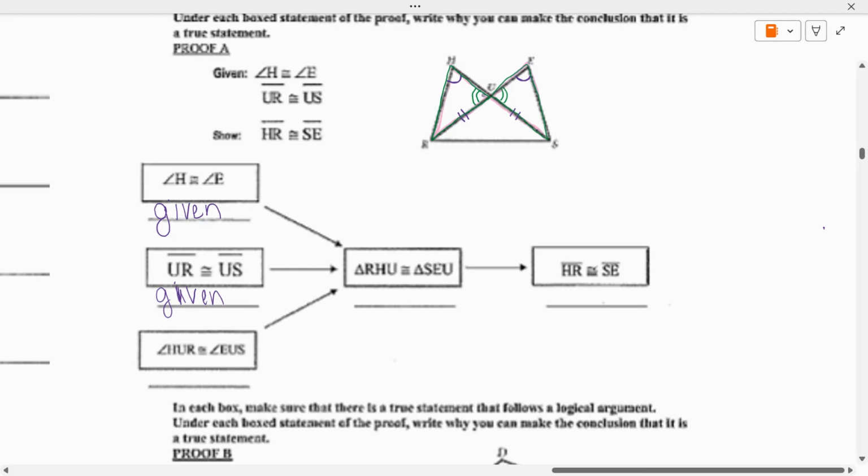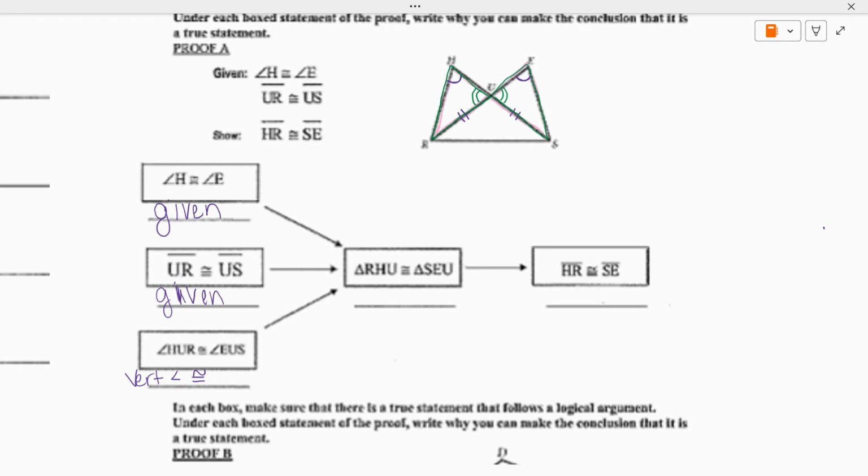Angle HUR is congruent to angle EUS. Well, imagine that, we already marked that. Why did we say that? What kind of angles are those? Vertical angles. So vertical angles are congruent. Vert, angle symbol, congruent. That's the reasoning you need. Vertical angles are congruent. So what does that tell you now?